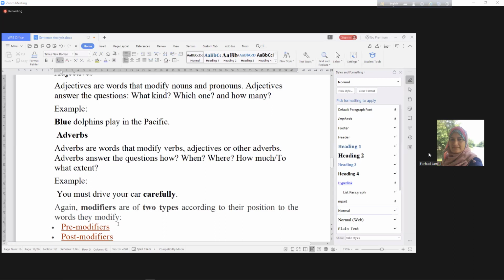The modifiers which sit after the words that they modify are called post modifiers.